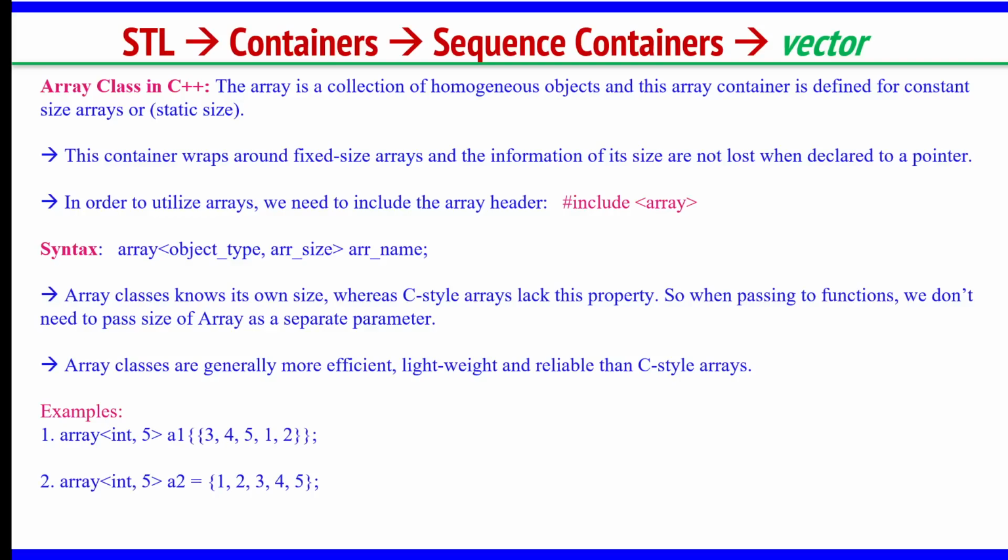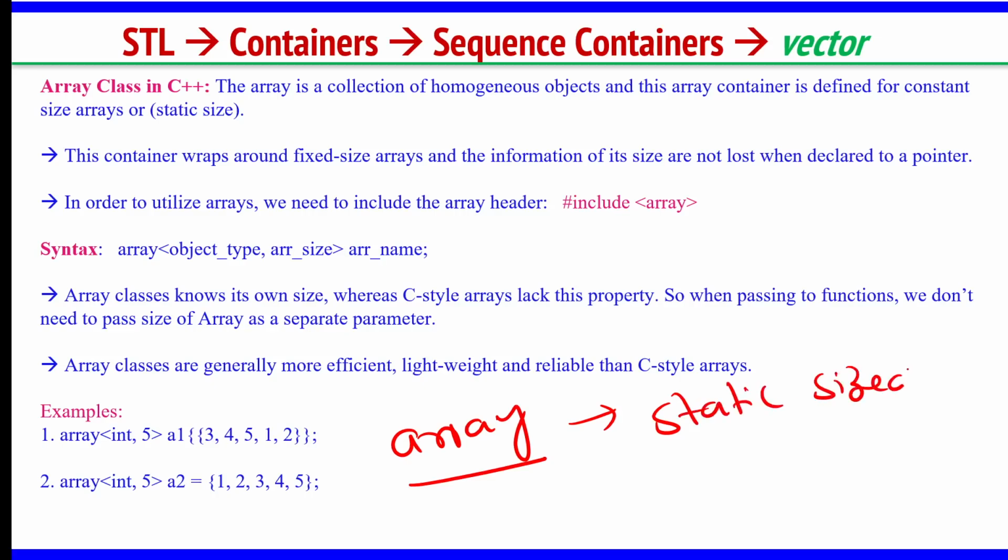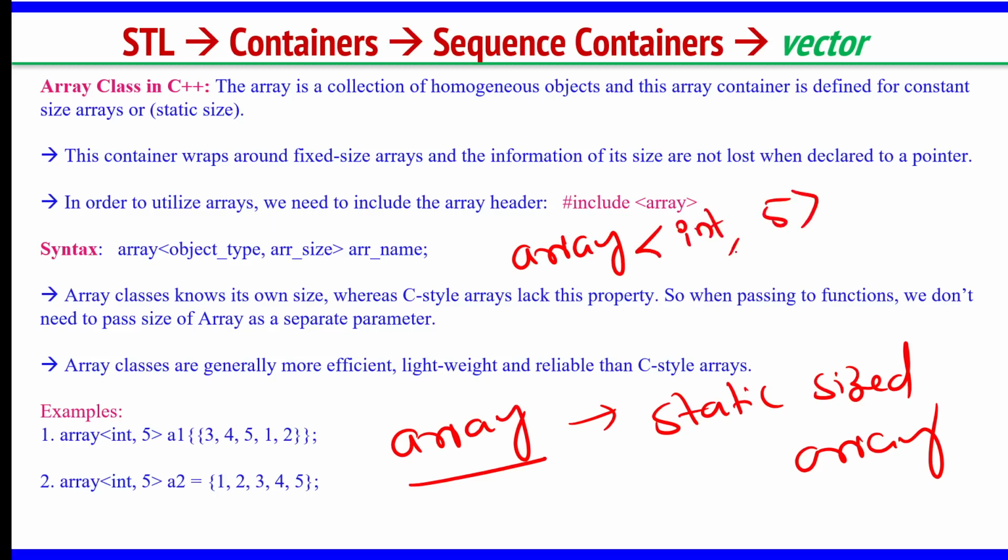Let us study about a vector standard template library in C++. We have studied about the array container. Array container is a static sized array, meaning when you define an array like this, array of int comma 5 and a variable name a1, the size of this array is fixed.